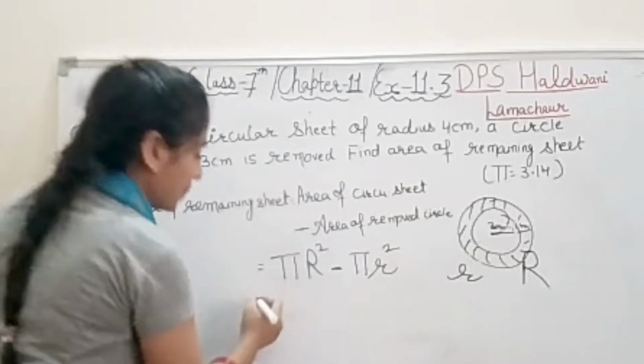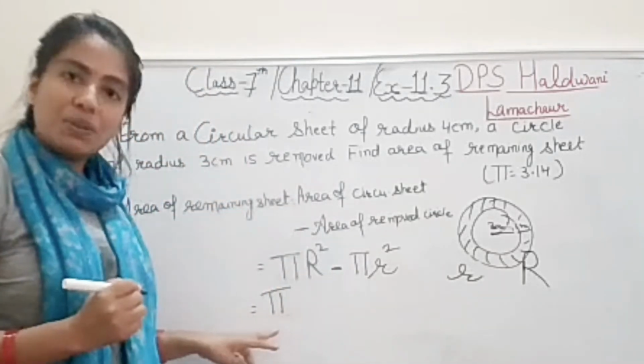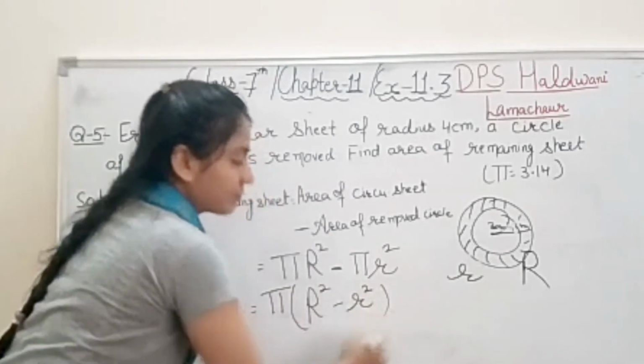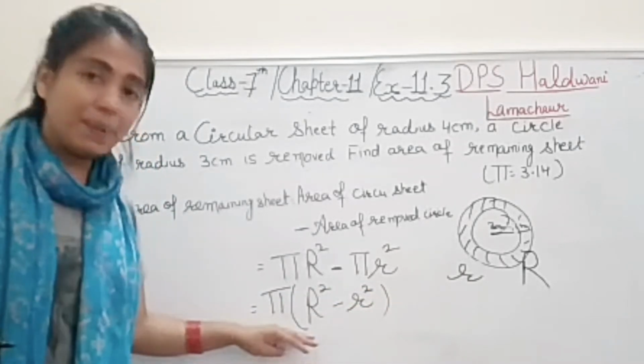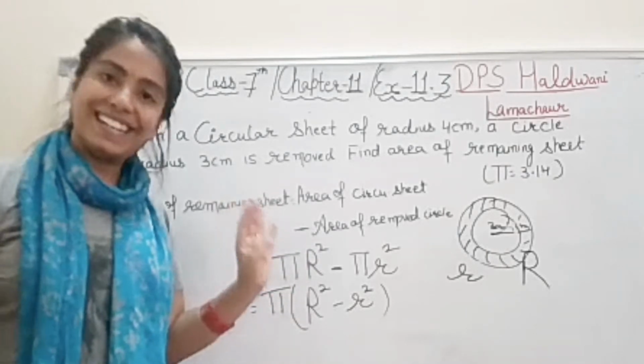Now see, pi and pi is common. Can I take it one time only outside the bracket? What remains is R square minus r square, like 2 into (l plus b). In the same manner I can do this. These are the basics we can use anywhere, right student?